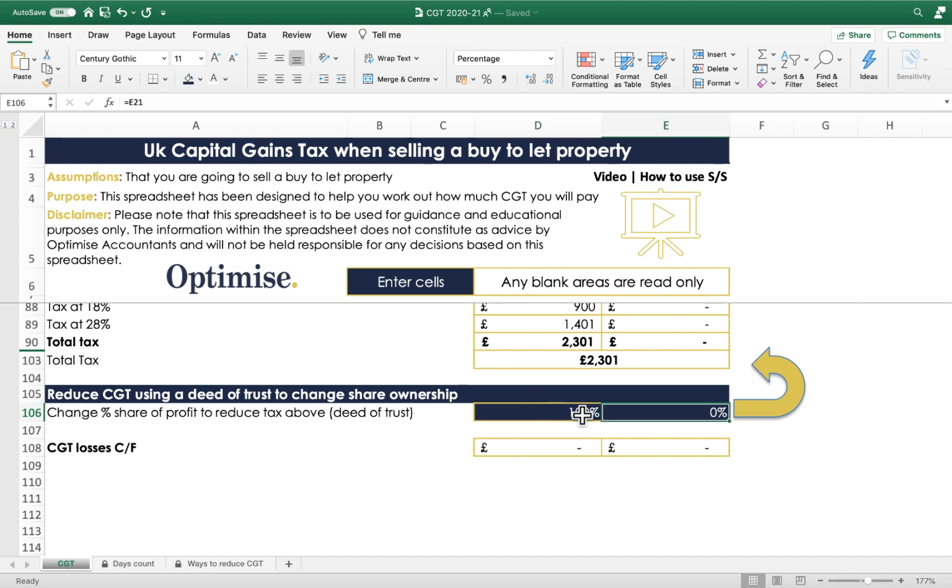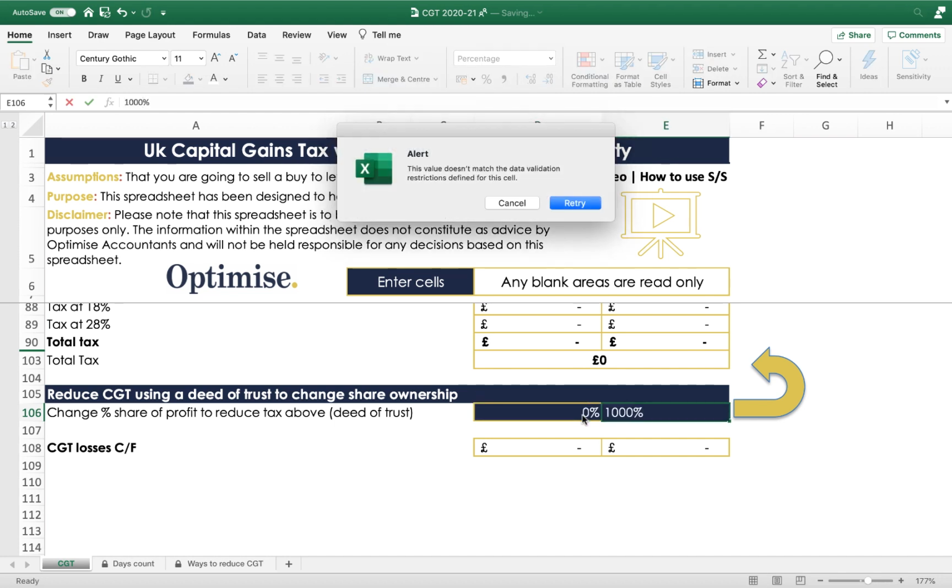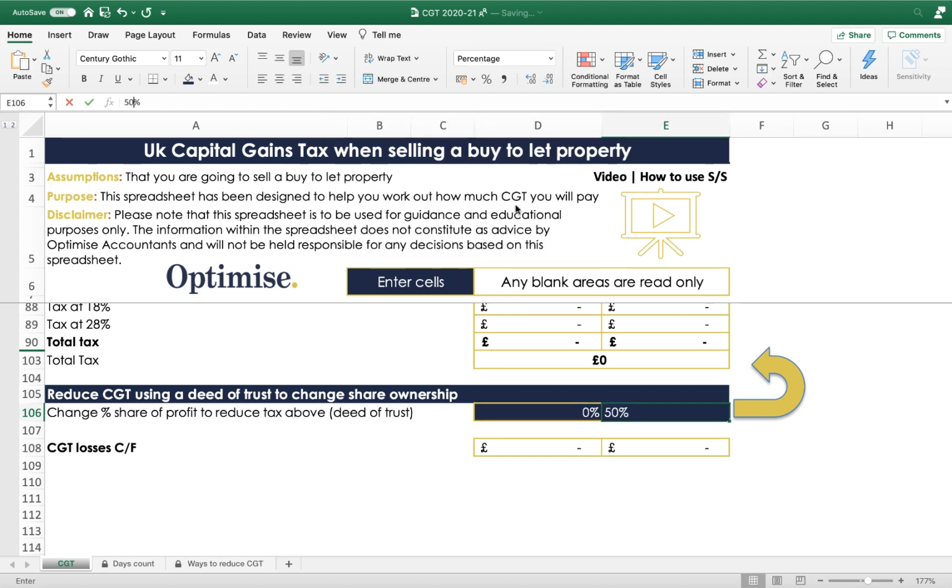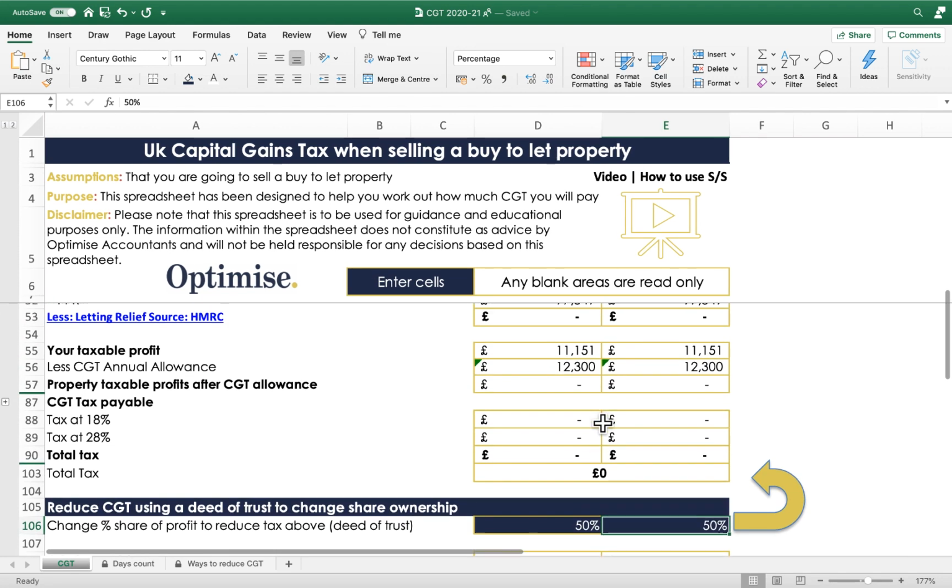So what we'll do is we'll change this percentage. Let's just put in here 50% and 50%. Sorry, that's what I should have done. So 50%, 50%. So does that now change the tax liability? Well, it sure does.